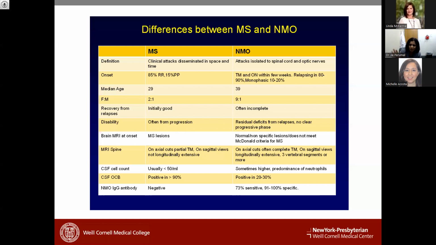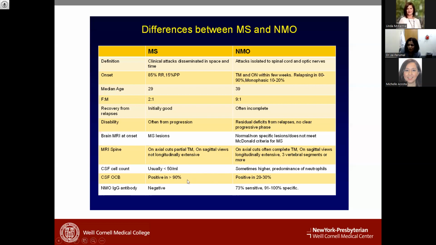You should only have lesions in the optic nerve and spinal cord, but that has evolved. It's changed over time. So now it really doesn't matter what the MRI of the brain looks like. Even if they have lesions that look like MS, if their clinical presentation, spine MRI, or optic nerve shows the entire optic nerve inflamed, still think of NMO and send a blood test for that. We talked about the spine.